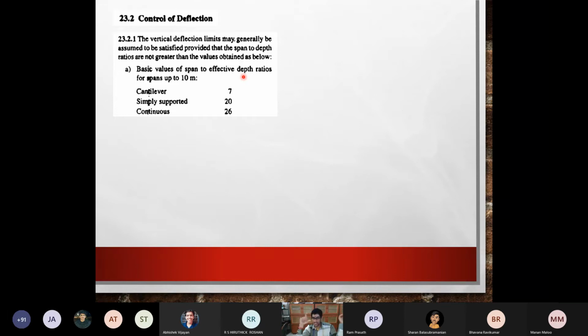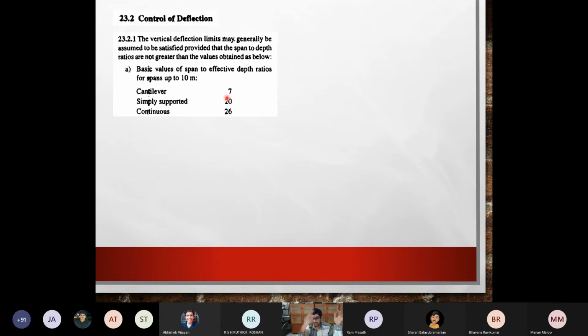This is a good starting criterion for designing your beam. For example, if you have a simply supported beam of length maybe 10 meters, the basic span to effective depth ratio for a simply supported beam should be 20.